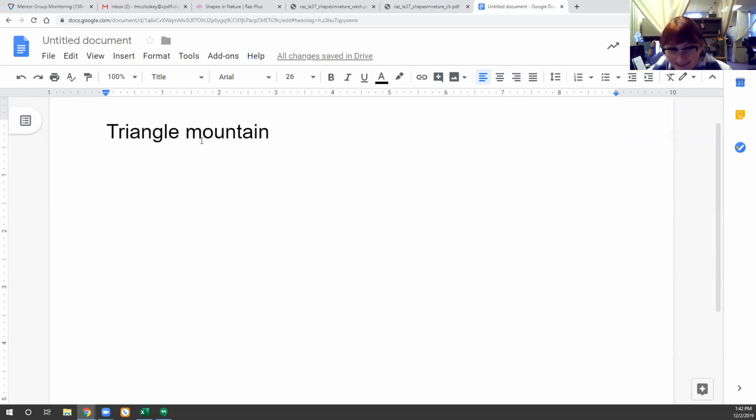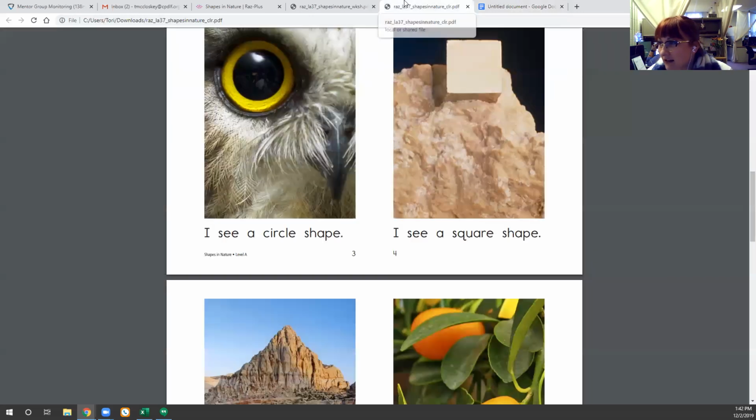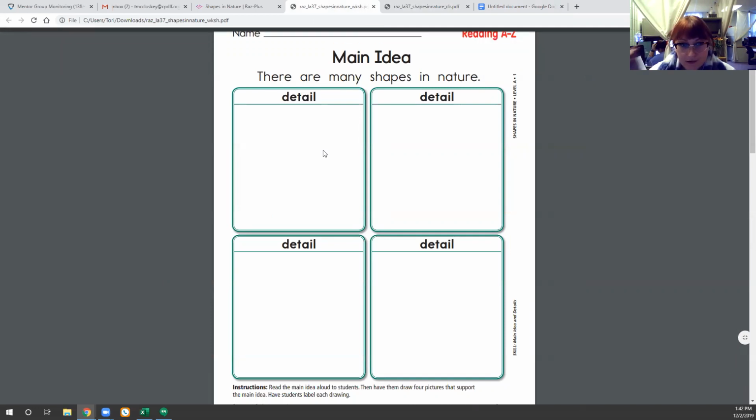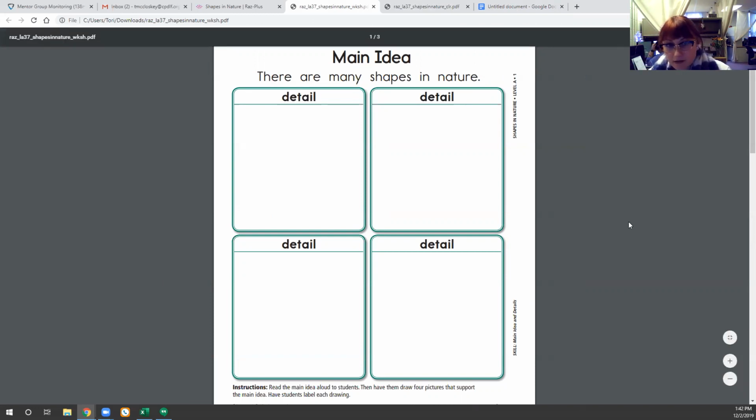Triangle Mountain. So write the Triangle Mountain in your word box and draw a picture to go with them. All right. Now you can pause this video to read the rest of the book, and then come back whenever you are done.